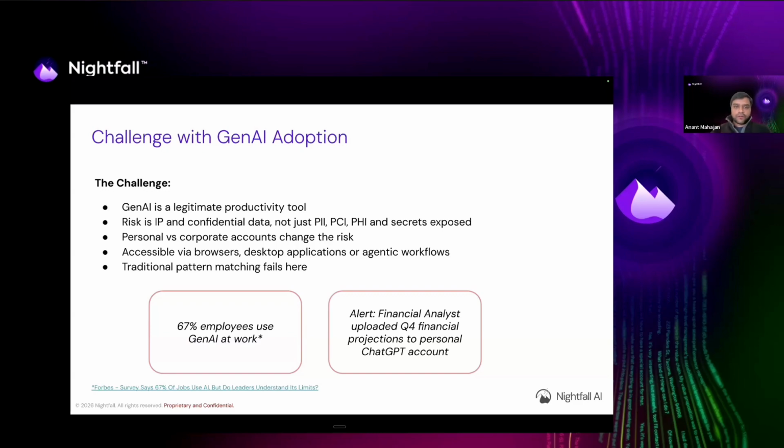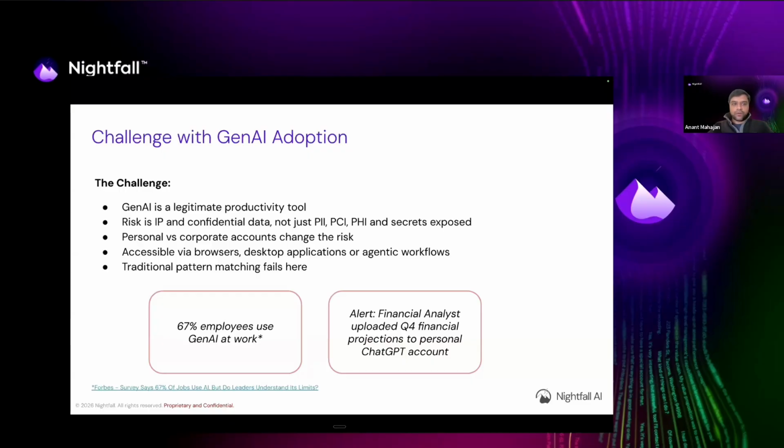There's also a lot of risk associated with personal versus corporate usage of these apps. In most scenarios, I'm sure you might have already enabled corporate accounts with apps like ChatGPT or Gemini or Copilot. But at the same time, you want to distinguish and prevent personal usage of these Gen AI apps.